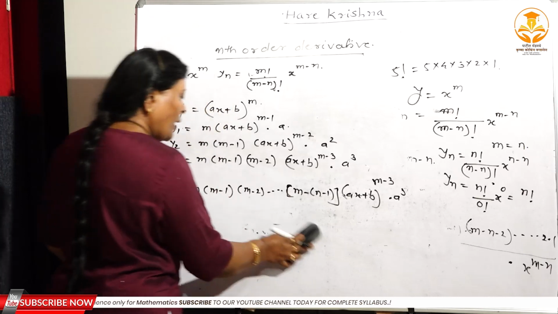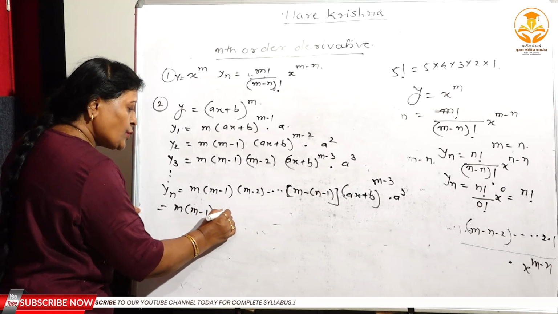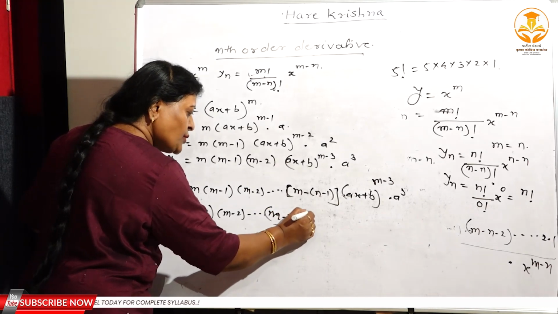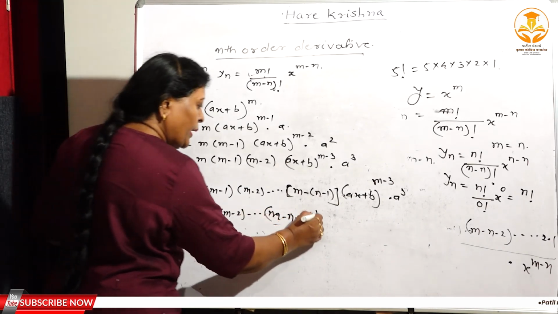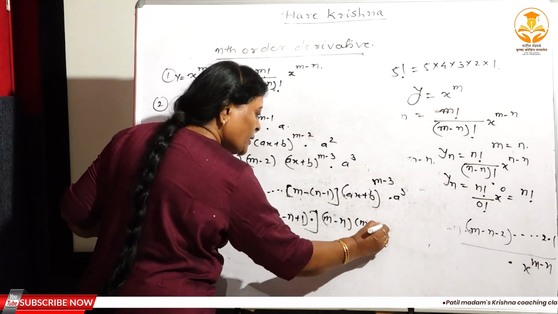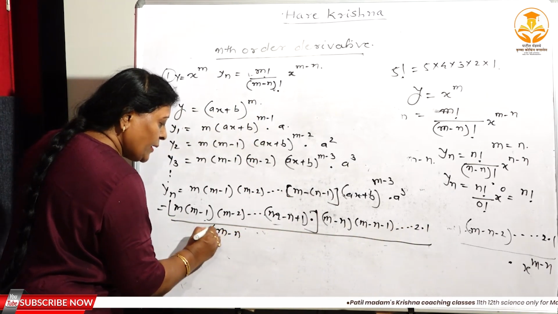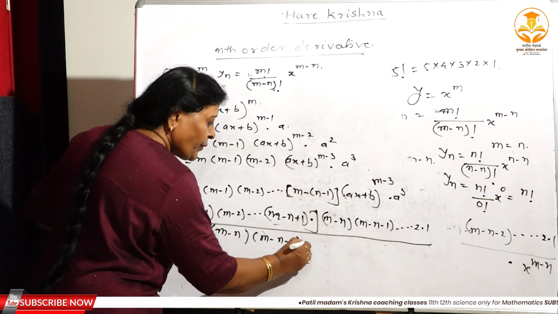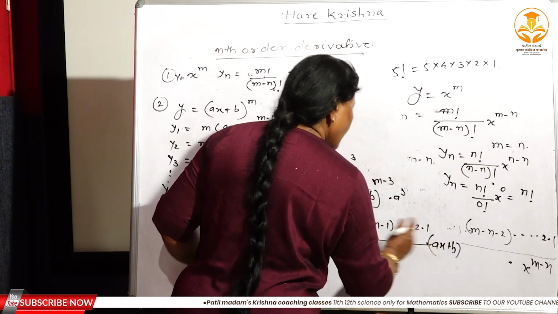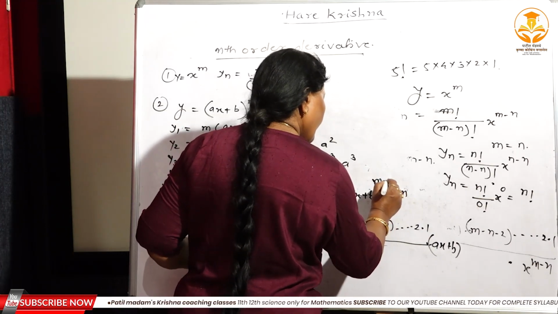Again, you can write this in this form: m (m minus 1) (m minus 2) up to (m minus n plus 1). Suppose you multiply with (m minus n) (m minus n minus 1) up to 2 into 1, and again divide by (m minus n) (m minus n minus 1) up to 2 into 1, and here again (ax plus b) whole to the power m minus n.